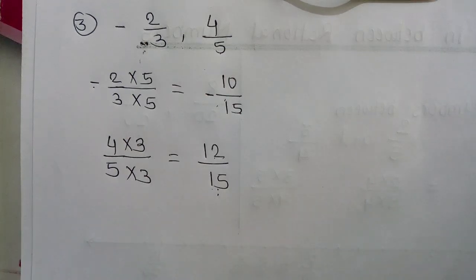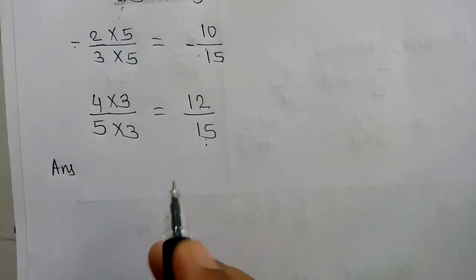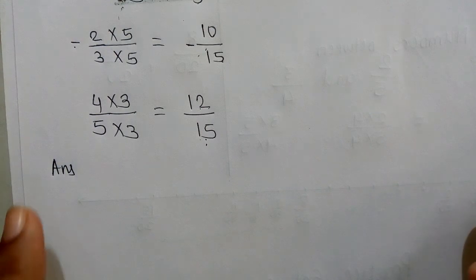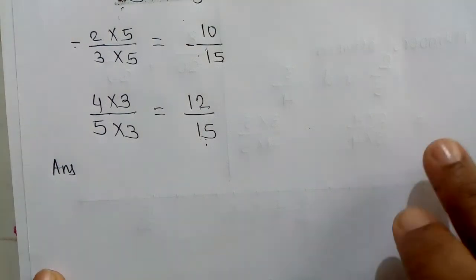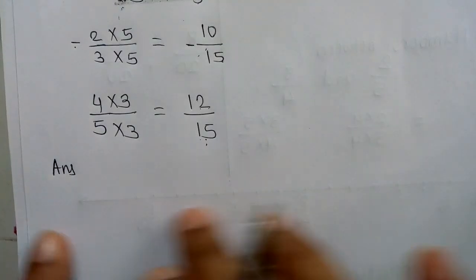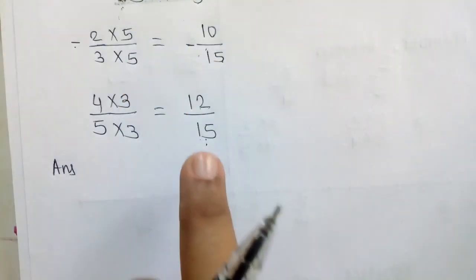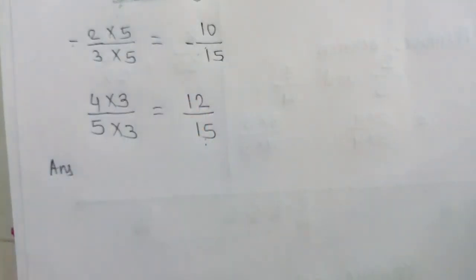If we bring a number line in front of your eyes, suppose 0 is in the middle, this side negative numbers, this side positive numbers. From negative 10 upon 15 to 12 upon 15, so many rational numbers will be there in the middle. All those rational numbers are between negative 10 upon 15 and positive 12 upon 15.